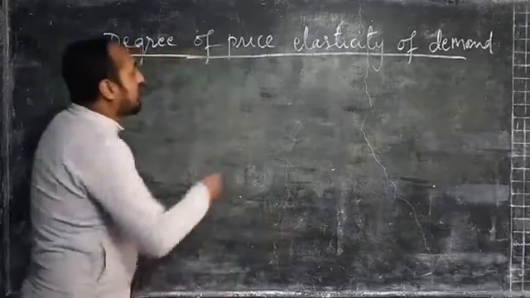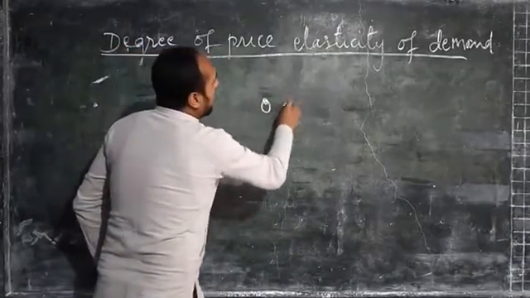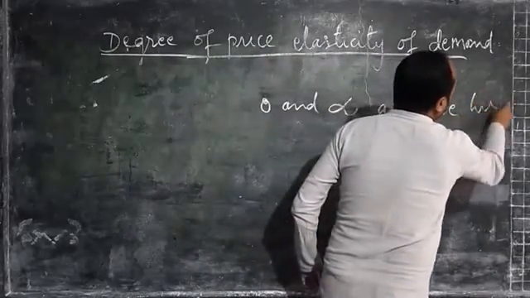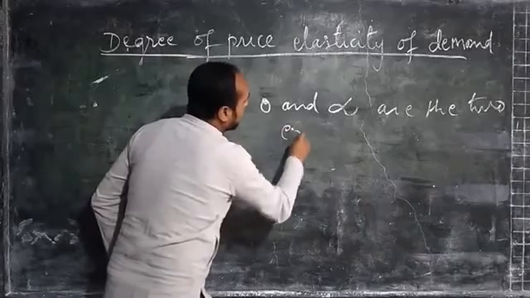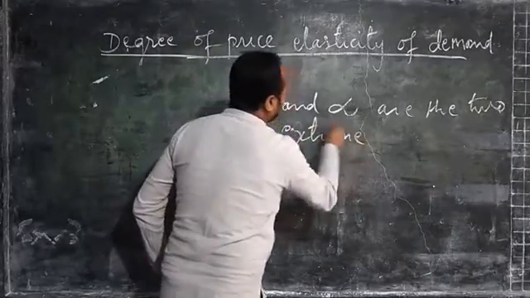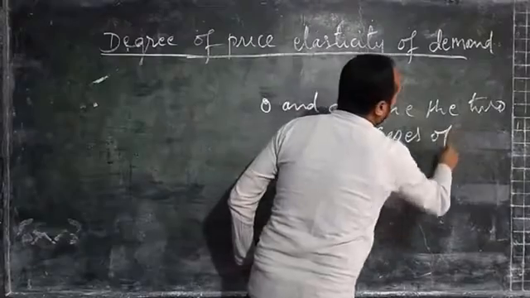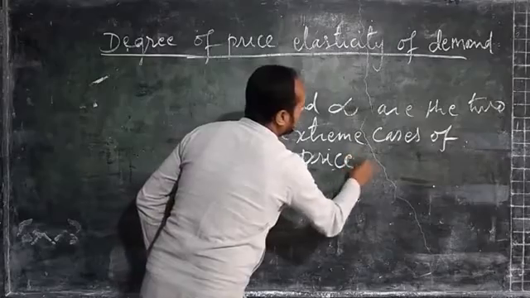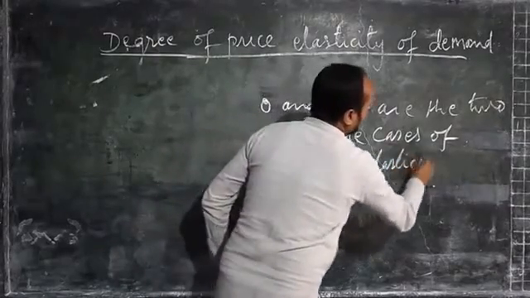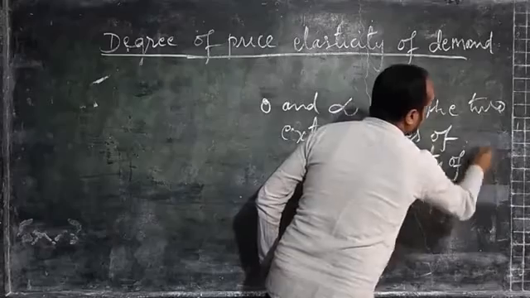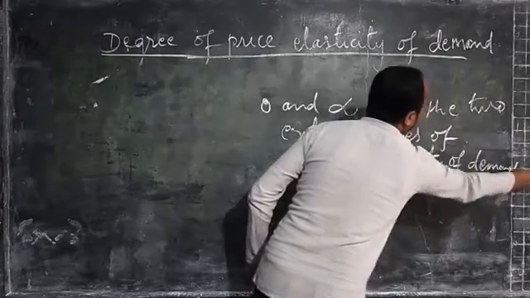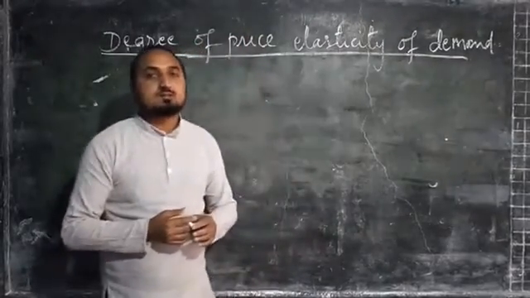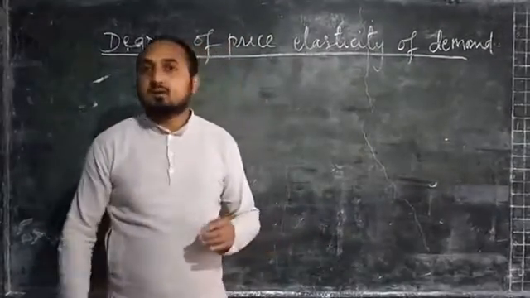And 0 and infinity are the two extreme cases of price elasticity of demand. The economist has classified the price elasticity of demand into 5 different categories.